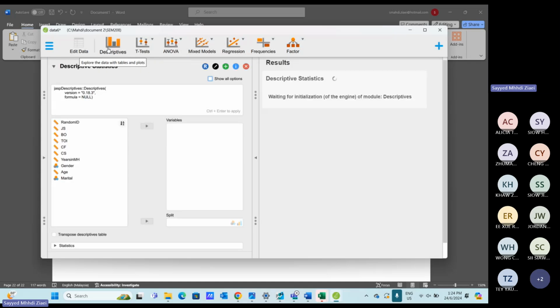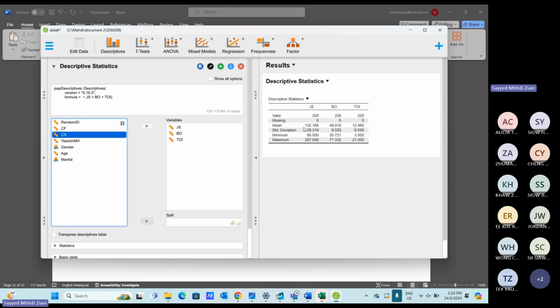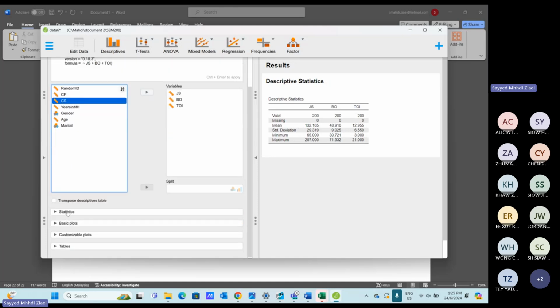Again, you can take all these variables and drag them to the right side, the right table. I just use the three main variables: GS, BO, and TOI. This gives information about these three important variables.